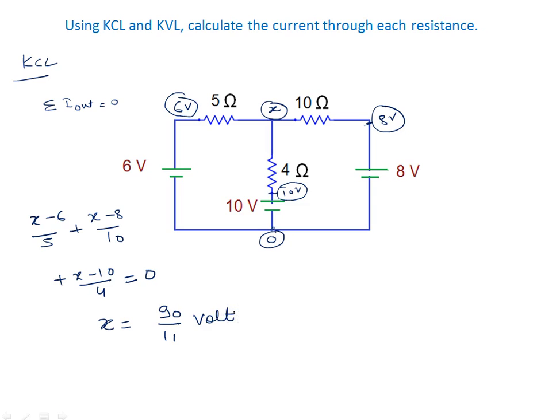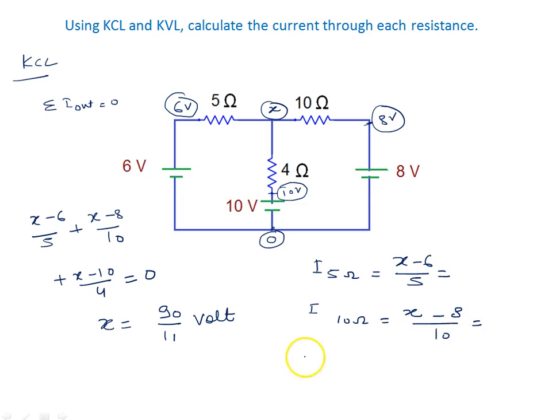Okay. Now, if I ask you what is the current through the 5 ohm resistance, you will say, as we have discussed, (X minus 6) upon 5. Put the value of X, that is (90 by 11 minus 6) upon 5. Then the current through the 10 ohm resistance, you will say (X minus 8) upon 10.